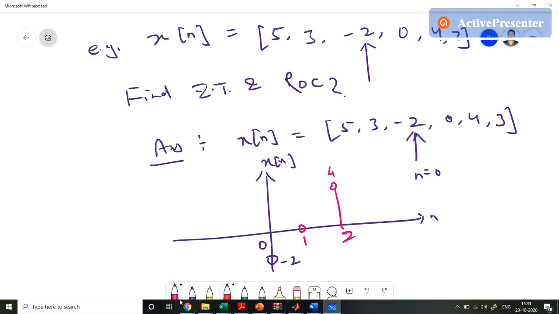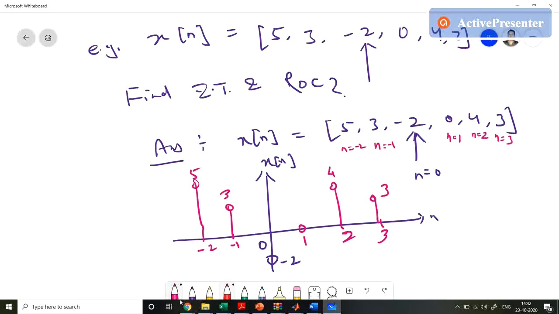At n equals 3, the value is 3. Now at n equals minus 1, the value is again 3. At n equals minus 2, the value is 5. So this is our x[n] with n.